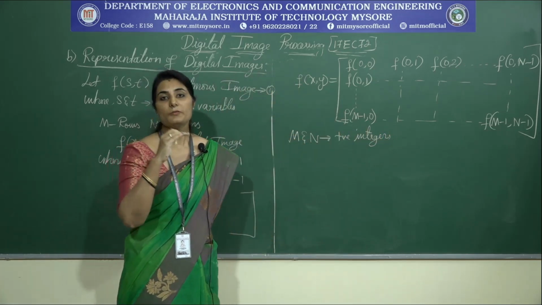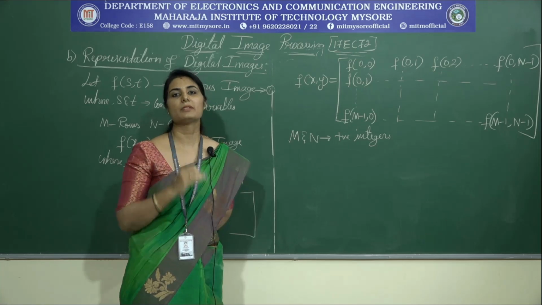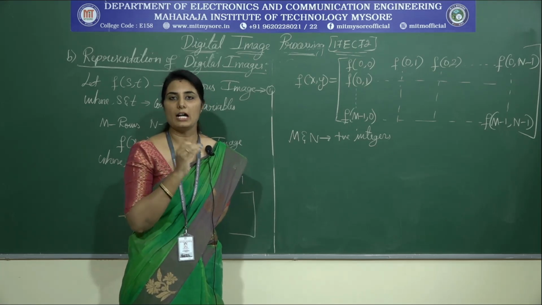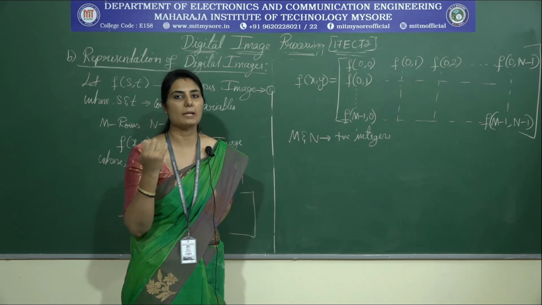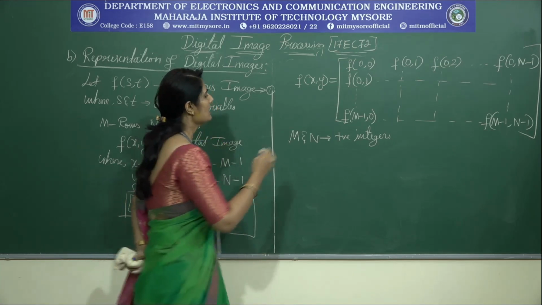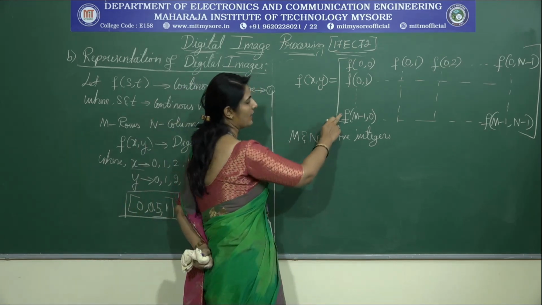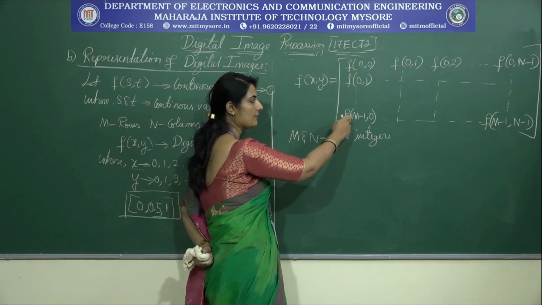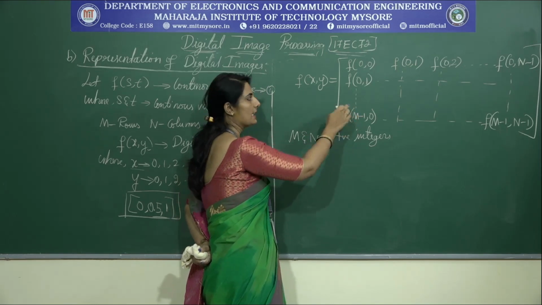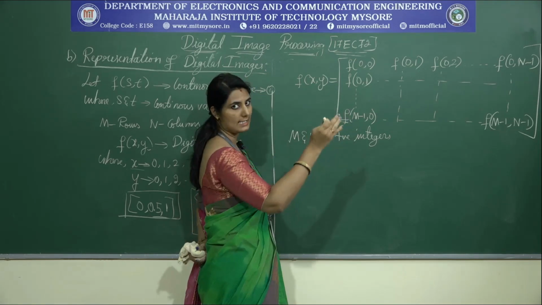Whereas with the number of intensity levels, there are some restrictions, due to hardware considerations and storage capabilities. Here f represents the intensity level at a particular pixel, but I am talking about the number of intensity levels.